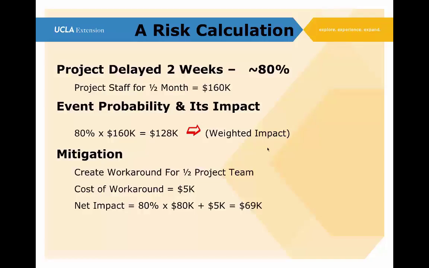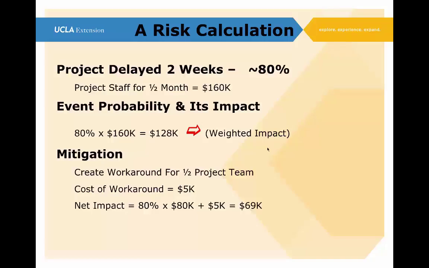So now we go back and we say, okay, what's our net impact look like? Well, first of all, we've created a workaround for half the project team. So we don't have the whole project staff sitting still for a half a month at $160,000. We only have half the project staff sitting still for a half a month. So that's $80,000. So now our net impact after mitigation is 80% times $80,000, one half of our project team for half a month, plus the $5,000, which is the cost of the workaround, because we're going to have to spend that $5,000.